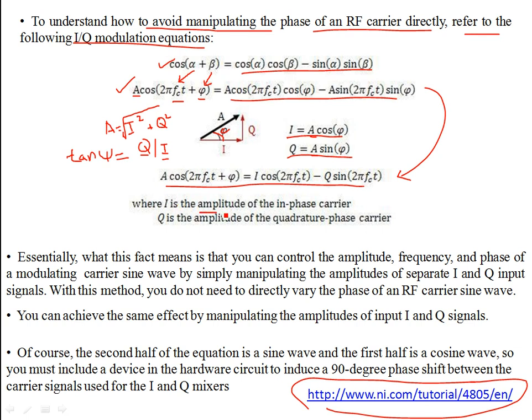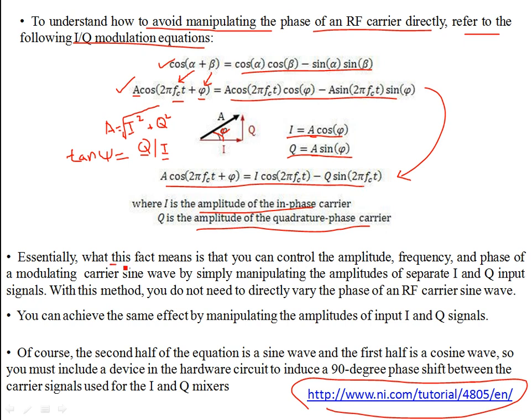I is the amplitude of the in-phase carrier, Q is the amplitude of the quadrature phase carrier. The reason this is quadrature is that sine and cosine have a 90-degree phase shift. So actually what you are doing is you have the in-phase signal multiplied by the carrier, and then there's a quadrature signal that is multiplied by the same carrier phase shifted by 90 degrees, right?